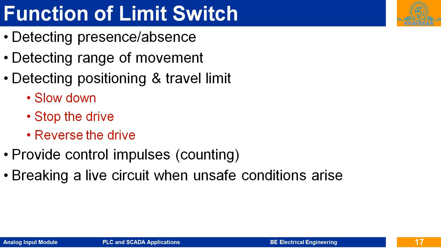When the cut ends, that is sensed by this limit switch, and it gives the signal so that the motor moves in the reverse direction, or the solenoid valve reverses, the flow through the solenoid changes its direction, and the cylinder is moved to its home position. For that purpose these limit switches are used, to provide the control impulses.